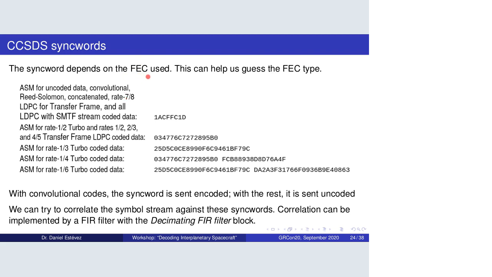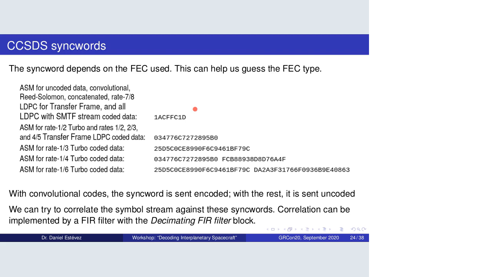The only thing to take note of is that with convolutional codes, this sync word is not sent in the clear. It's actually sent encoded. If you know anything about convolutional codes, this is like a continuous encoder where you put all your information, including the sync word. So the receiver has to do continuous Viterbi decoding, and then it can look for the sync word in the output of the Viterbi decoder.